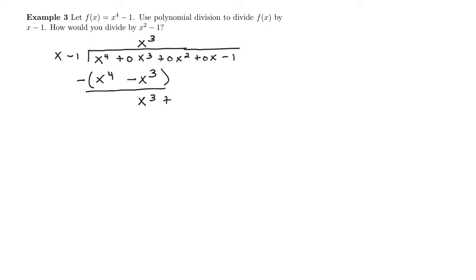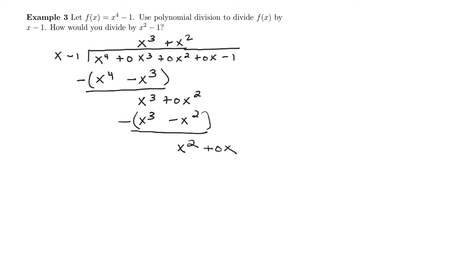And if you want, you can bring down the 0x squared. I don't think this will be too hard. Okay, the next one's going to be plus a 1x squared, which gives me my x cubed minus x squared. And then when I take the difference, I now get a positive x squared, and I'll bring down the 0x.